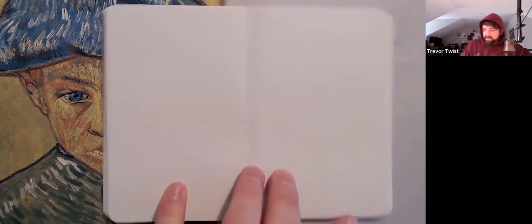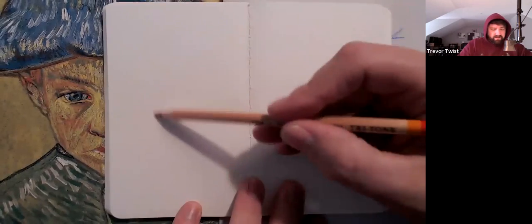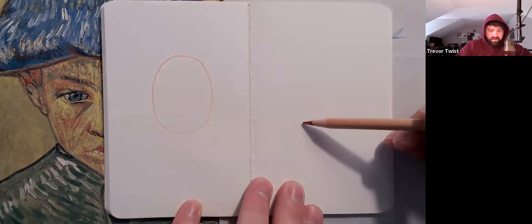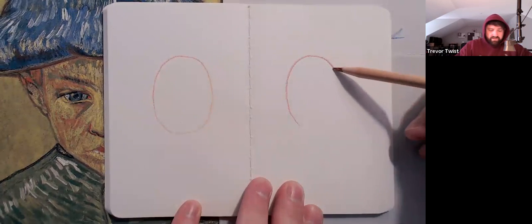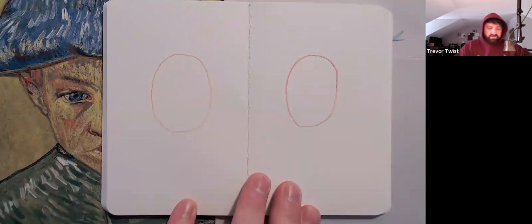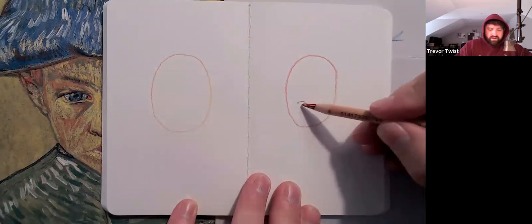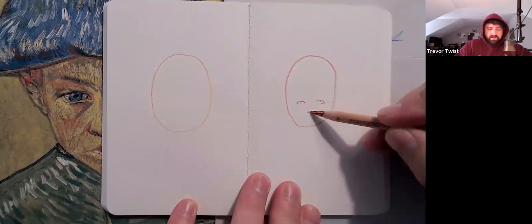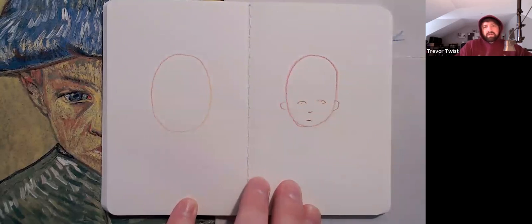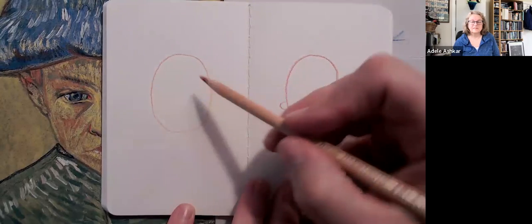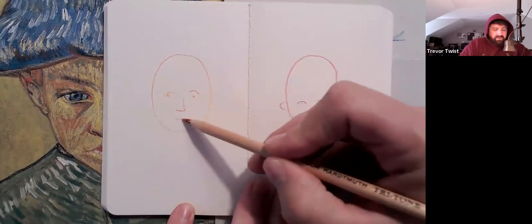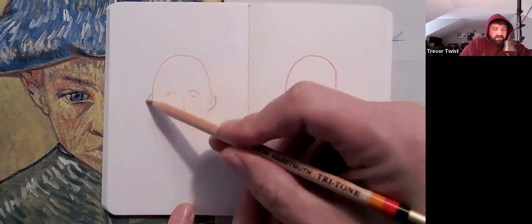So if you have a regular sized person's head, and then you have, these are the same ovals. So they're about the same size, or close to it. If you put eyes, nose, mouth, ears, oh yeah, it's not right. Versus eyes, nose, mouth, ears.